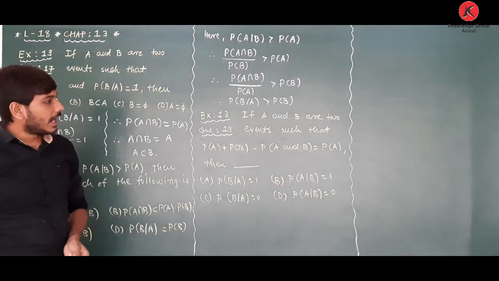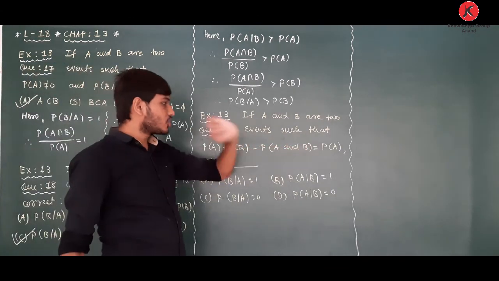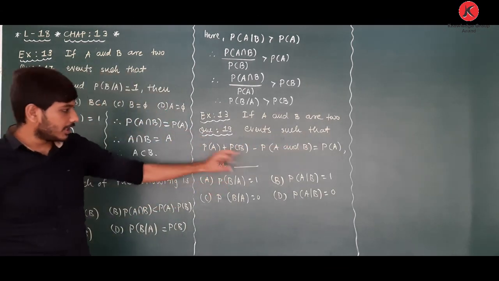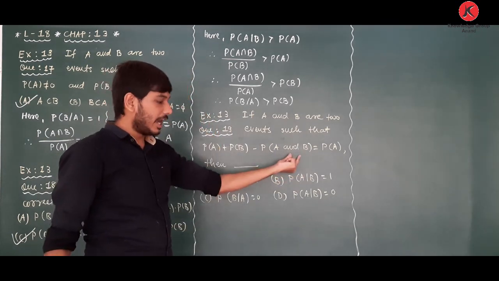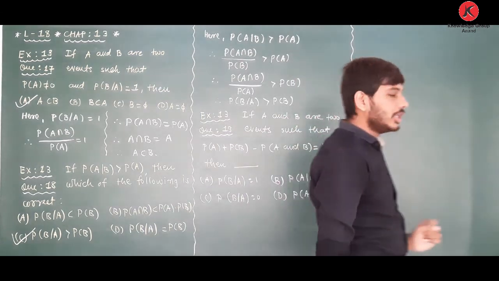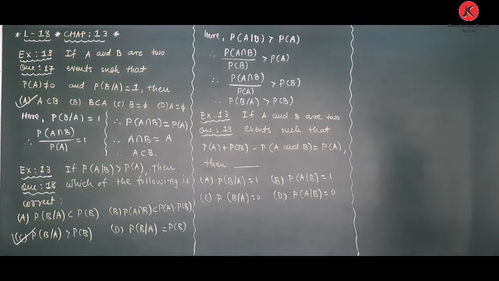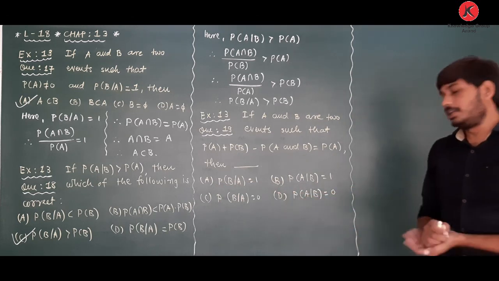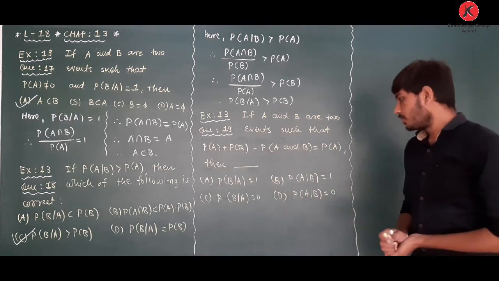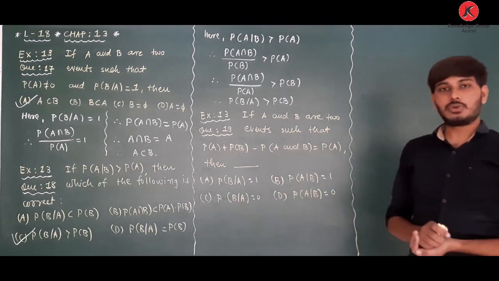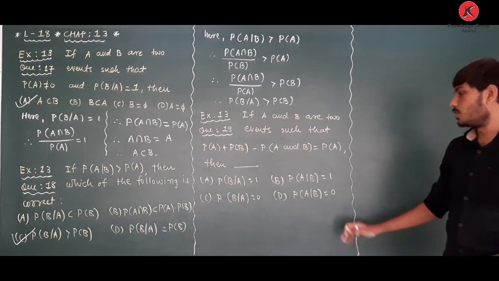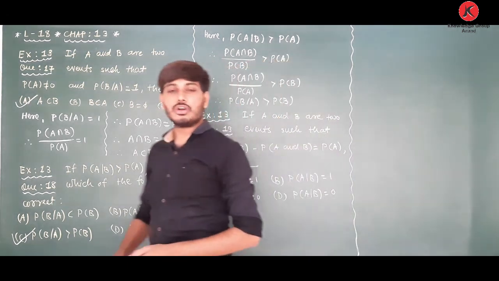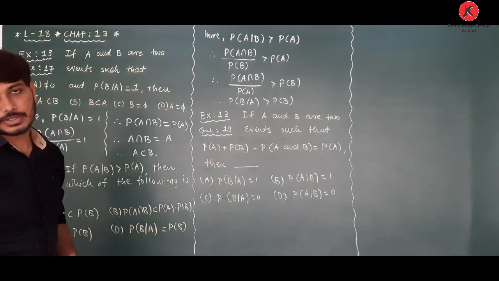If A and B are two events such that probability of A plus probability of B minus probability of A and B, meaning A intersection B, equals probability of A, then option A: probability of B given A equals 1, option B: probability of A given B equals 1, option C: probability of B given A equals 0, or option D: probability of A given B equals 0. Which one is the right option? Select the right option.